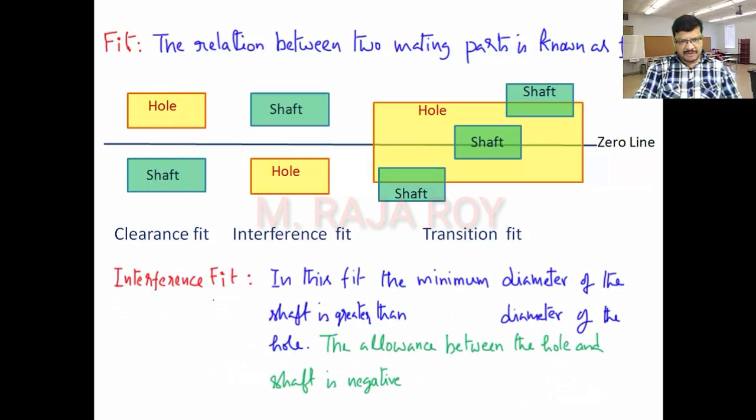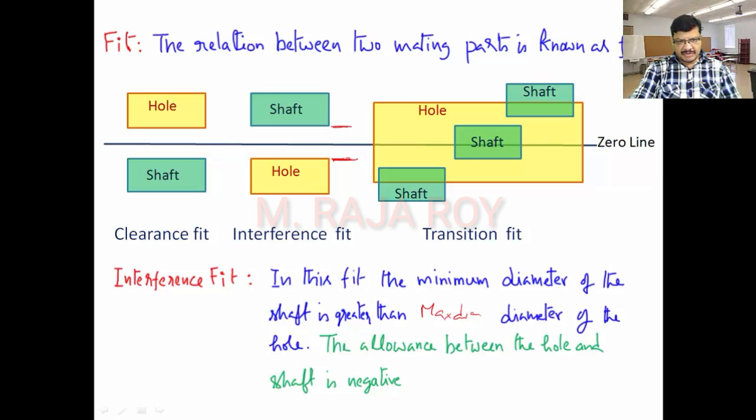Now coming to the interference fit. In this fit, the minimum diameter of the shaft is greater than the maximum diameter of the hole. Maximum dia of the hole. So observe here. This is the maximum dia, up to here. Sorry, this is the maximum dia of the hole.